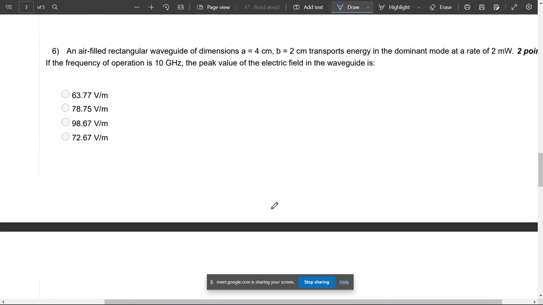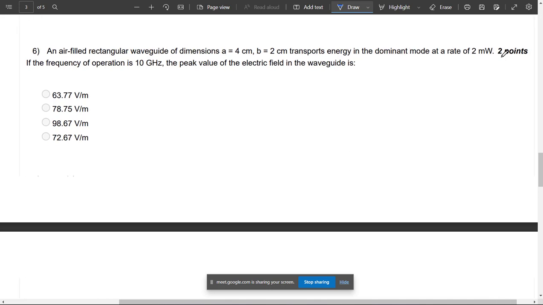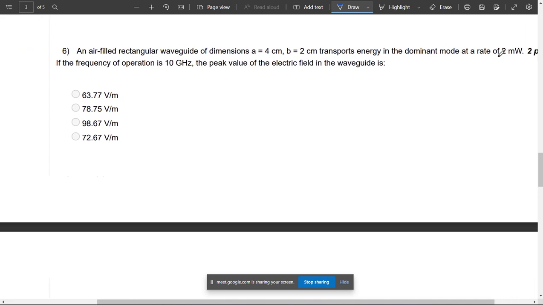Question number 6. An air-filled rectangular waveguide of dimensions A is equal to 4 centimeter, B is equal to 2 centimeter transports energy in the dominant mode at a rate of 2 milliwatts, if the frequency of operation is 10 gigahertz.